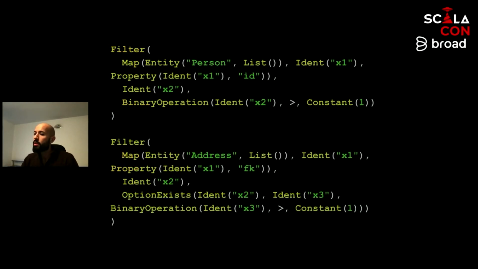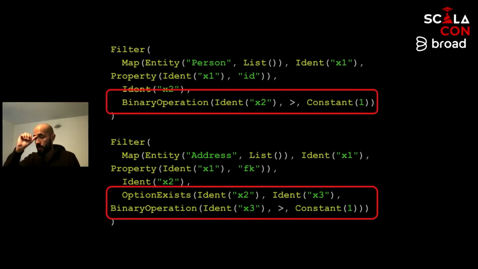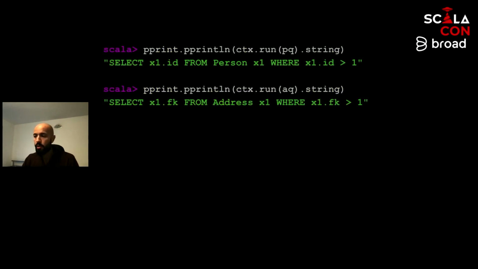So they will generate those ASTs right here, and they are very similar, but slightly different. They have slightly different ways to evaluate the operation that compares those IDs, because one has an option, the other one doesn't. As you can see here, the second one has the option exists action that's part of the option operation AST. And interesting enough, when we actually run those queries, we produce pretty much the same query.